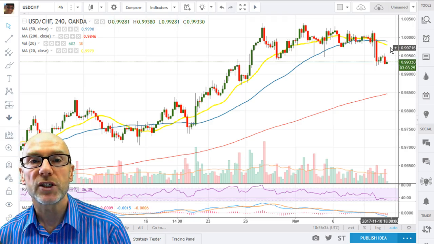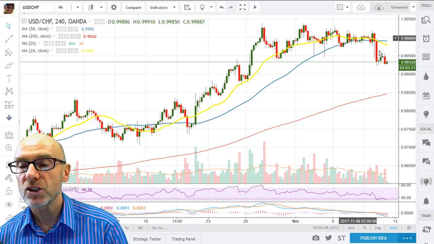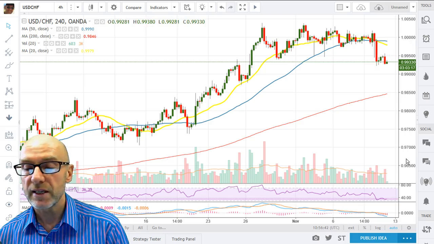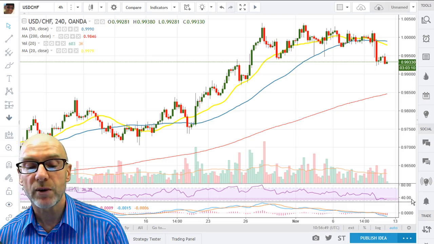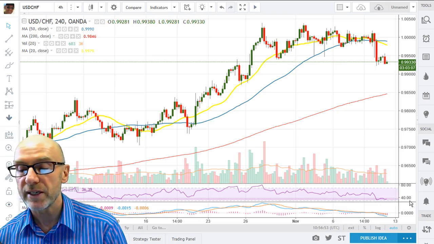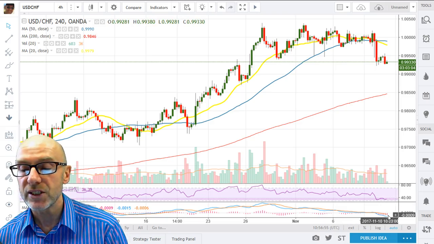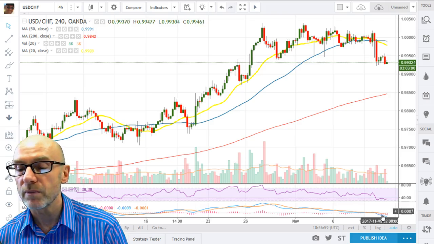They are now resistance on any upside and are starting to push the dollar lower. You can see that we've now also got negative momentum, downside momentum, with the RSI down at 36.39 and in a downtrend, and likewise the MACD have tracked below 0 and are shouting a sell for the dollar.